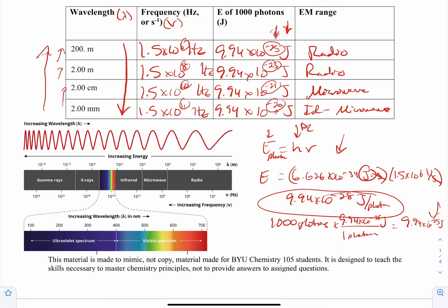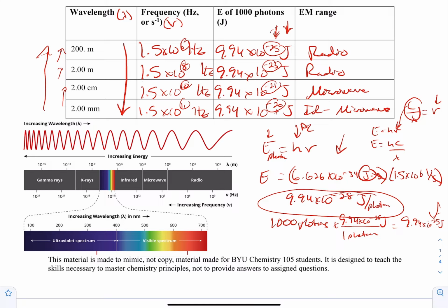The reason is, if you look at the equation E equals h nu, it makes sense that if nu increased, energy also increased. If you were to solve for the same problem in terms of wavelength, E is equal to h nu, and if I know that c over lambda is equal to nu, I can plug this in algebraically. E is equal to hc over lambda now.